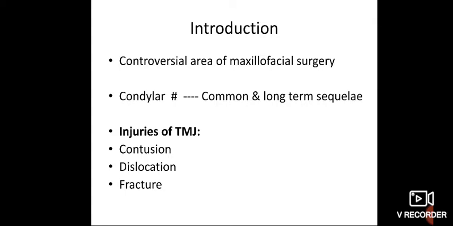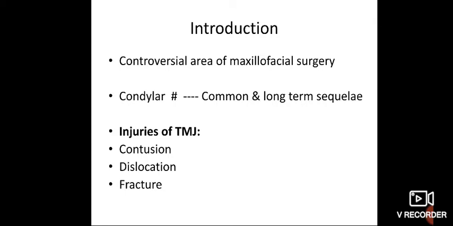Why the condyle is important to learn as a separate entity is because the mechanism of injury is different. The applied anatomy, or the anatomical considerations, are different, and the controversy it has created regarding the treatment is different. So that's why we try to learn it separately.